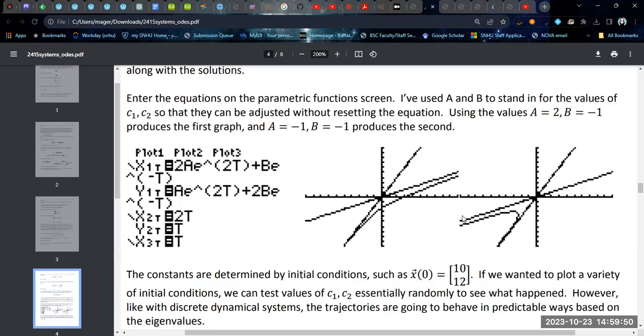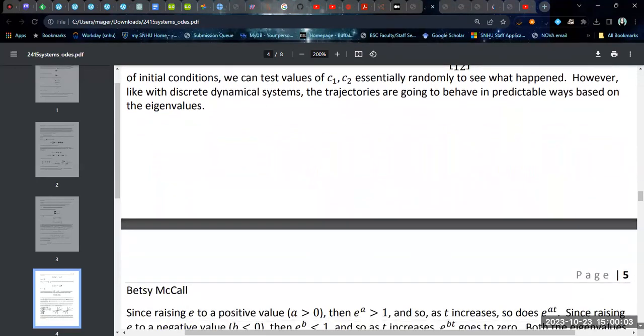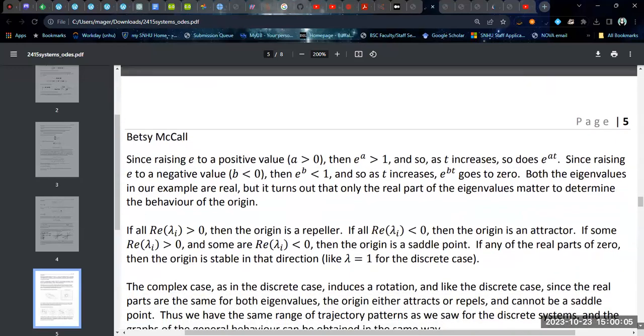Similarly, you could plot initial conditions up here or over here, and you would see that characteristic behavior of the origin behaving like a saddle point. It's neither attracting nor repelling.